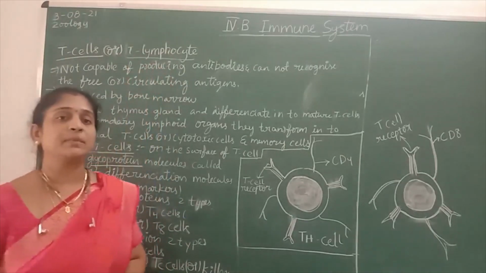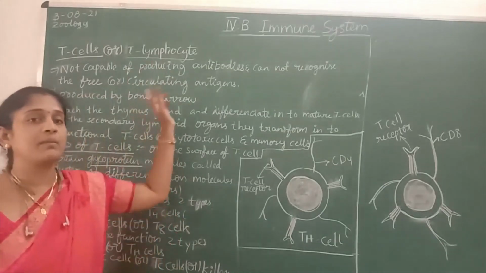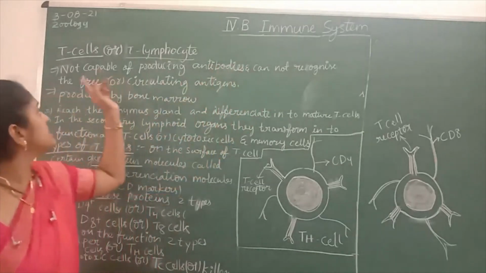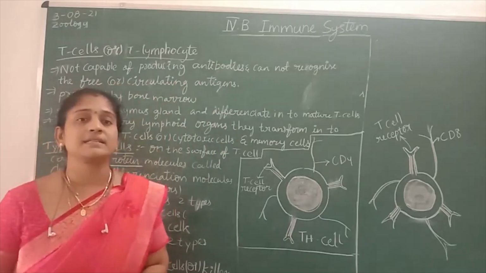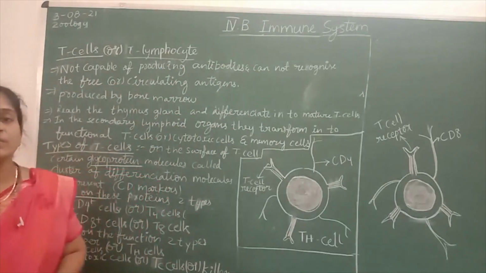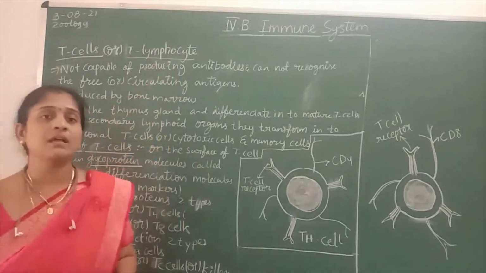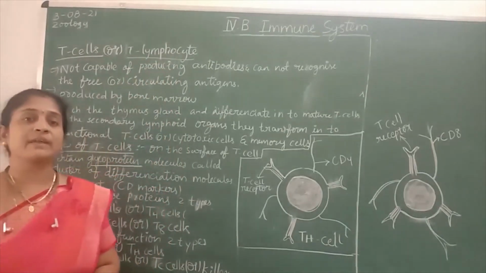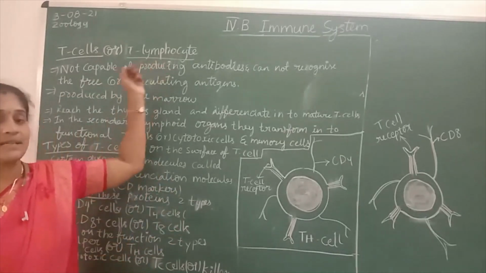Okay, again I will repeat it. The lymphocytes that are not capable of producing antibodies and cannot recognize the free or circulating antigens are the T cells. These T cells are produced by the bone marrow, reach the thymus gland, and differentiate into mature T cells.